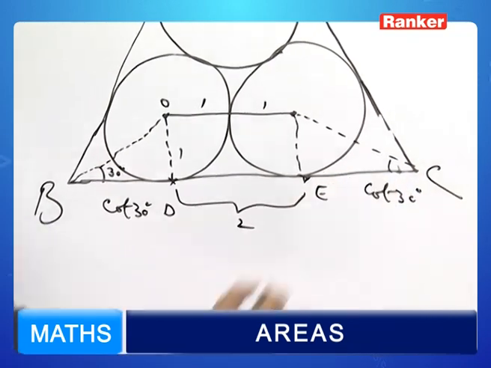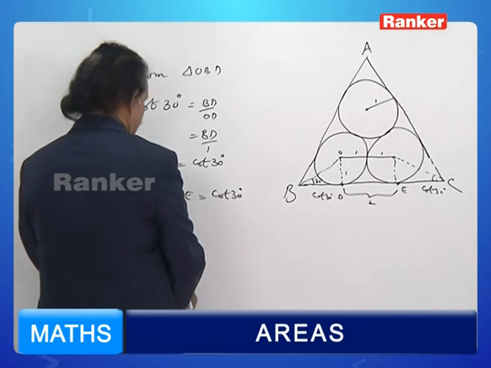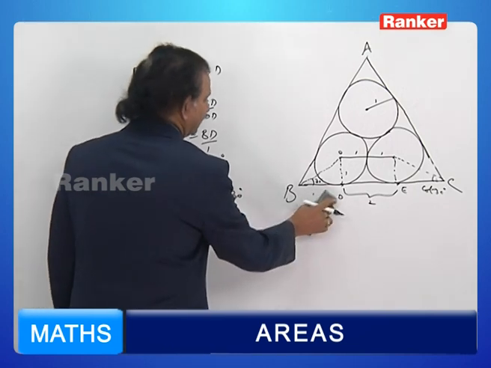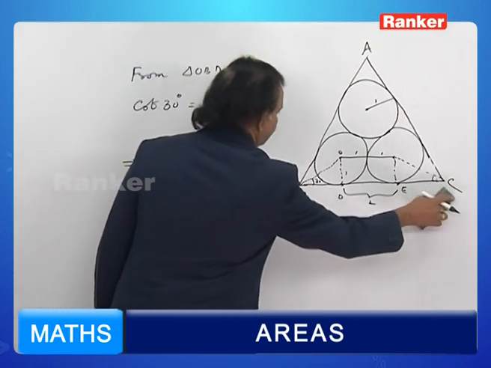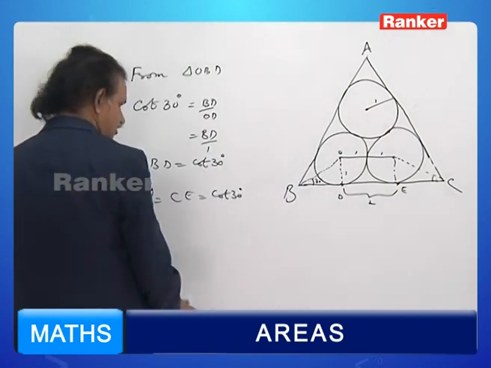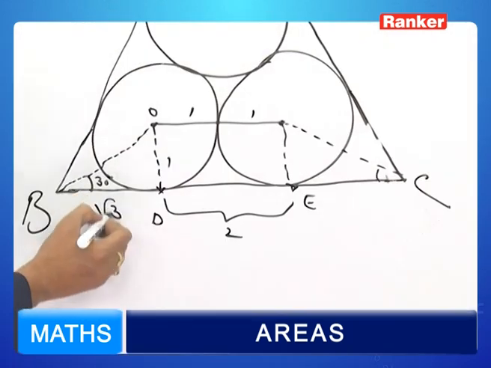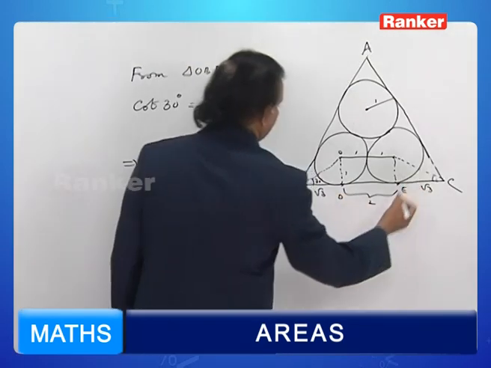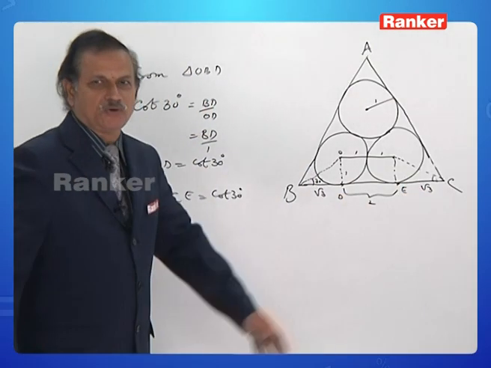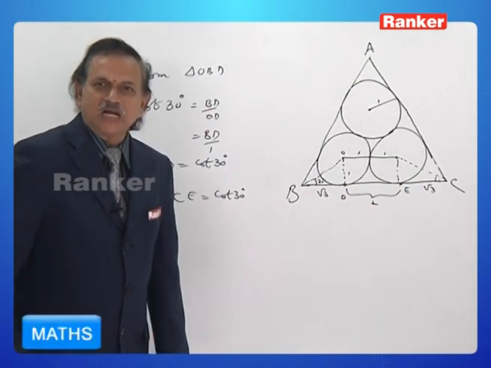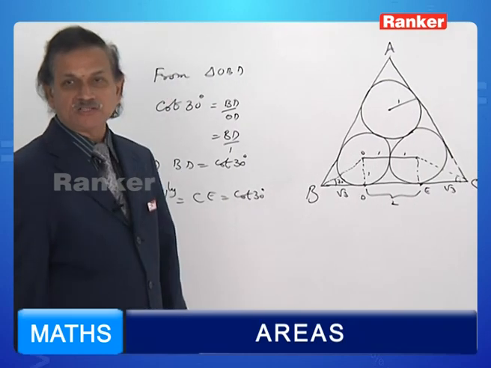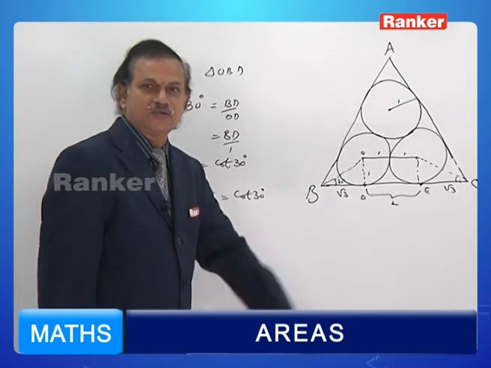What is cot 30 actually? Tan 30 is 1 by root 3, whereas cot 30 is root 3, isn't it? So this is root 3, this is root 3. We are able to have the length of each side of this equilateral triangle.